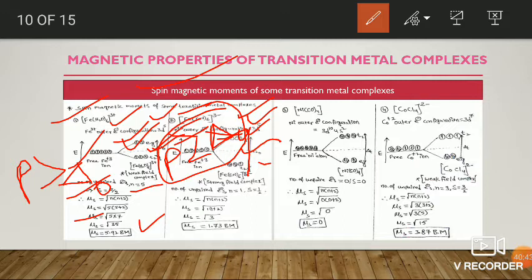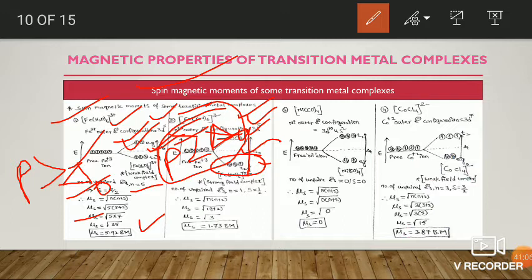So all the 5 electrons occupy the T2G set only, that is, the electronic configuration of the complex is T2G5 EG0. So here 2 T2G orbitals contain paired electrons, and 1 T2G orbital contains a single electron.